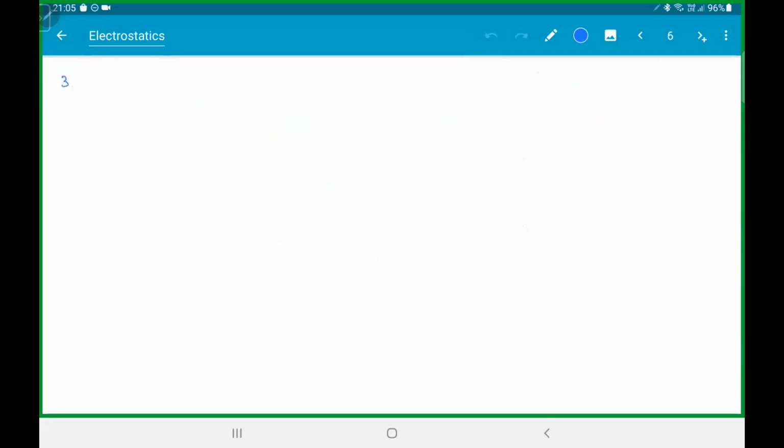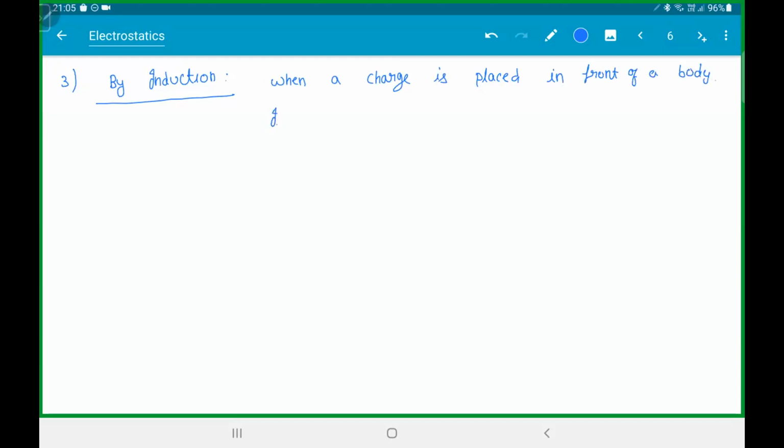Third, by induction. When a charge is placed in front of a material, it induces charge. What do you mean by this induction exactly? See what happens.